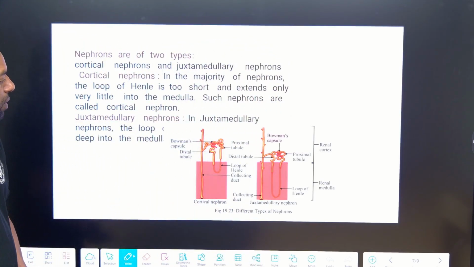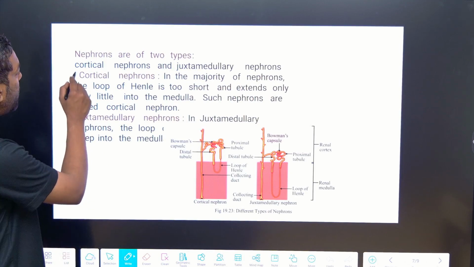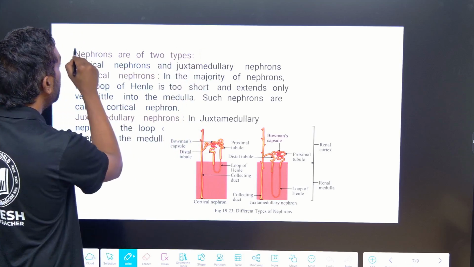So, if we come to the location, nephrons are of two types based on their location.